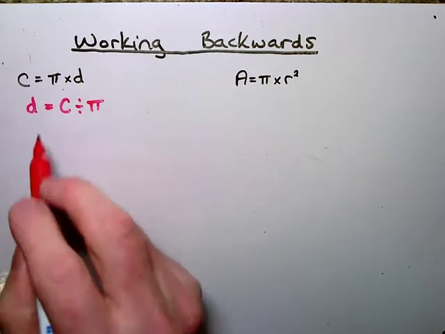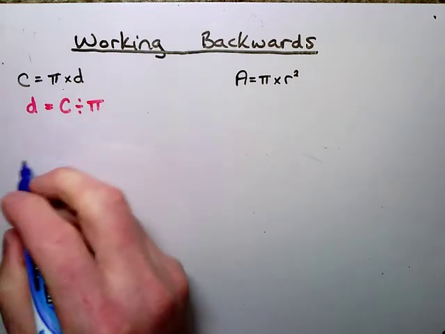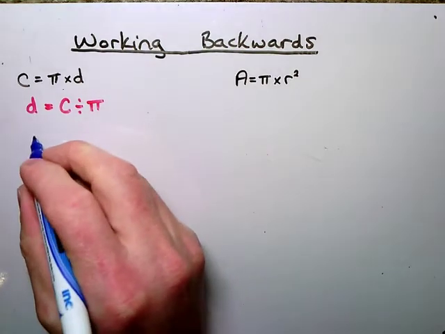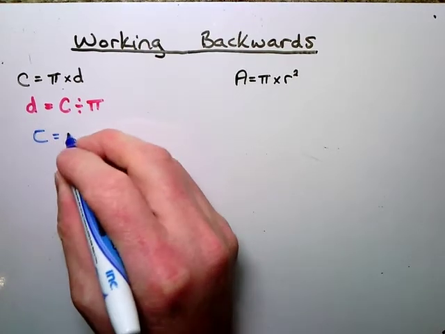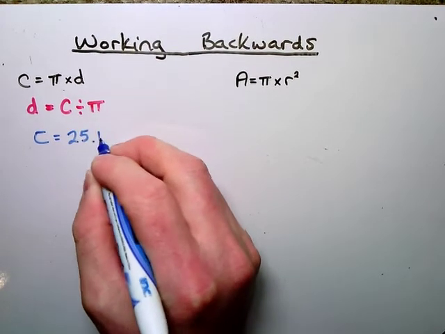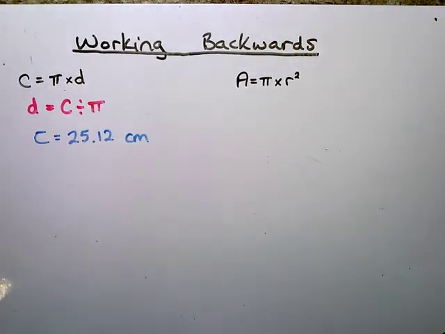And let's see how that works in actual practice. So if I had a circle and we knew that the circumference of that circle was, let's say, 25.12 centimeters, how would I go about finding the diameter?